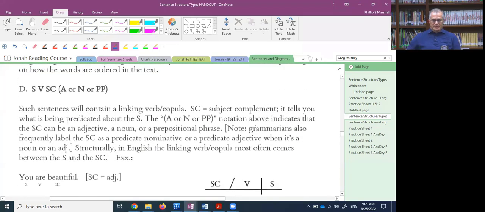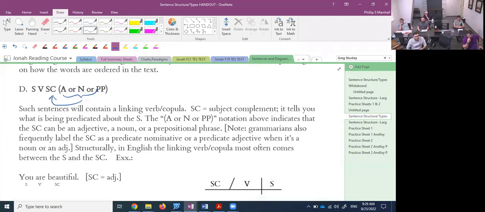Now, with the sentence here in D, we have a subject, verb, subject complement. The parentheses are not part of the sentence pattern. This is just telling you something about what type of SC we're dealing with. What does SC stand for?